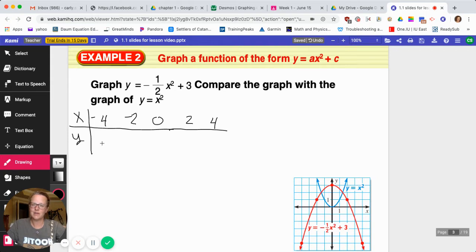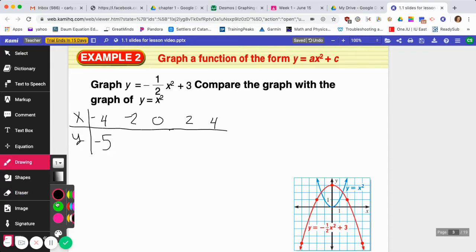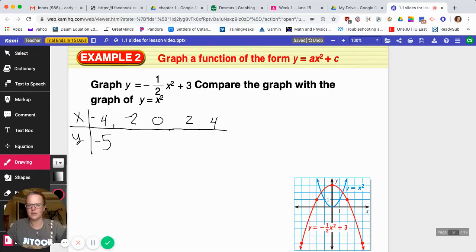Divide by 2 is +8, but I have a negative out there, so that's going to be a -8. -8 plus 3 is going to be a -5. It's going to be a learning curve for me. -2 squared is +4. Divide by 2 is +2, but there's a negative out there, so -2 plus 3 is 1.